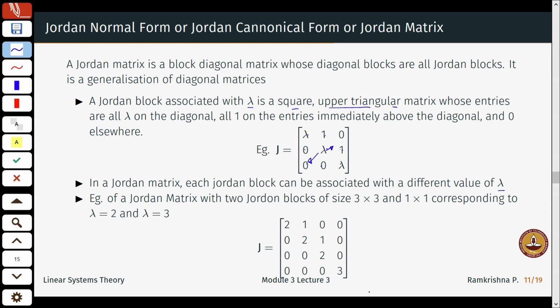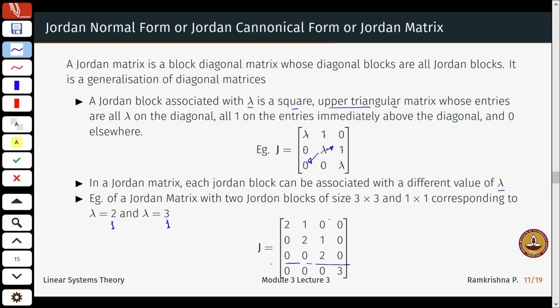Just as an example, say I have lambda equal to 2 with an algebraic multiplicity of 3, and lambda equal to 3. If the geometric multiplicity here is 1 and the geometric multiplicity here is 1, that will result in two sets of Jordan blocks.